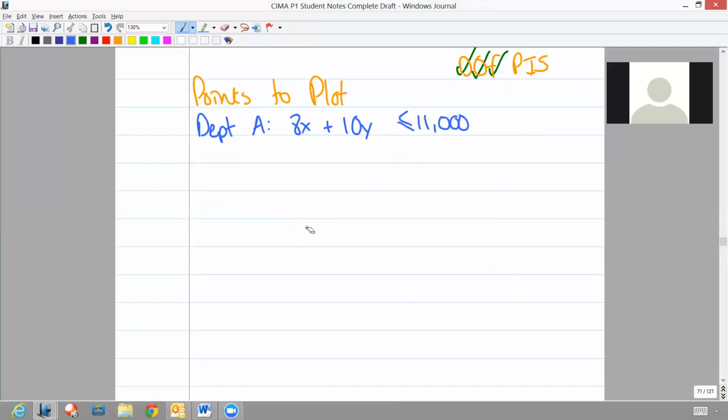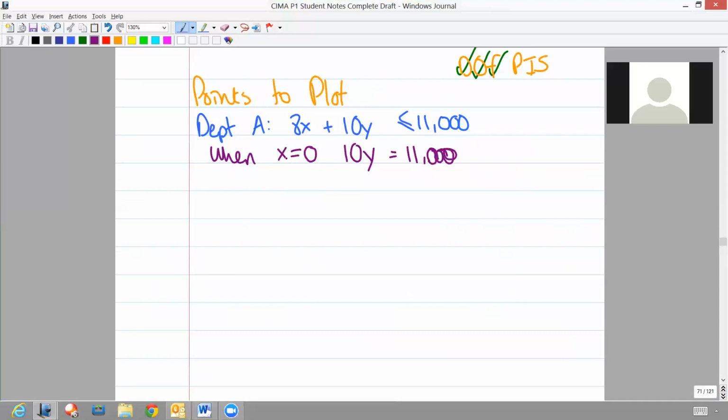Now in order to get our coordinates, we're going to say that when x equals 0, 10y must equal 11,000.